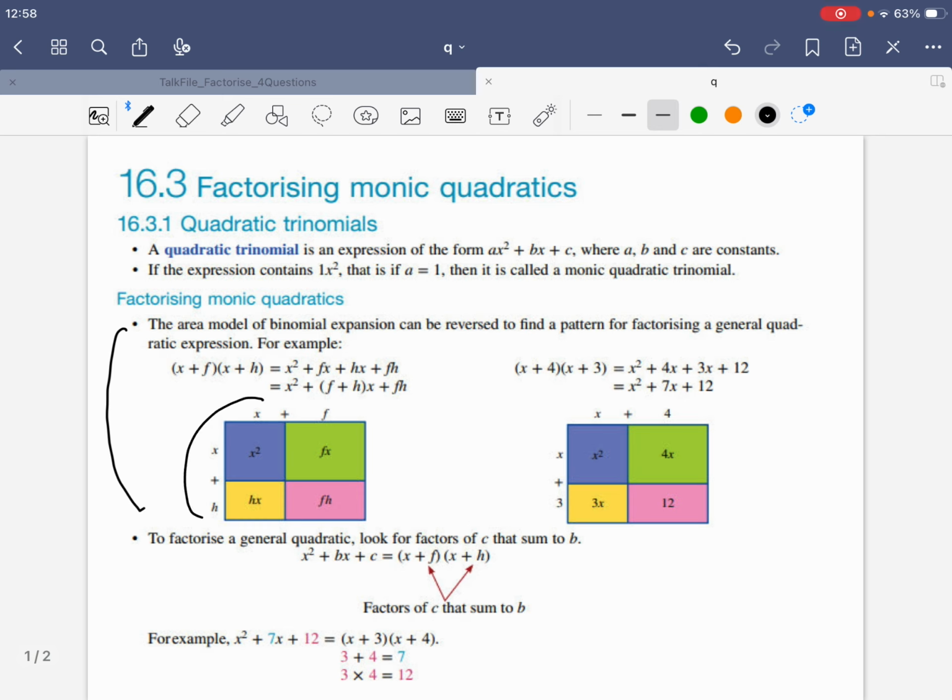We want to find the area of this rectangle. We know this length is x plus h in this case, and this length is x plus f, and if we multiply them, then we get the area. So in this case, x plus f times x plus h is the area.